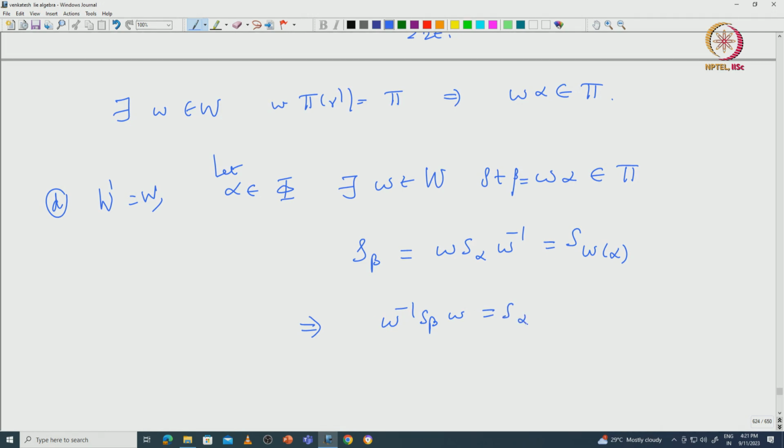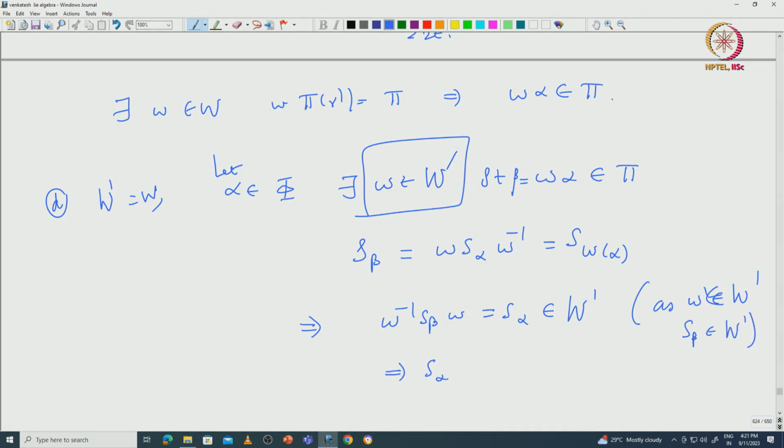So, this is going to be inside your W dash, because this W is coming from W dash. Since S beta is also coming from W dash, that forces that S alpha is inside W dash.